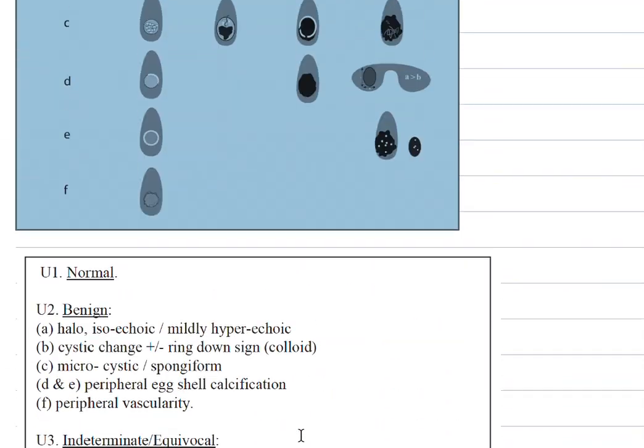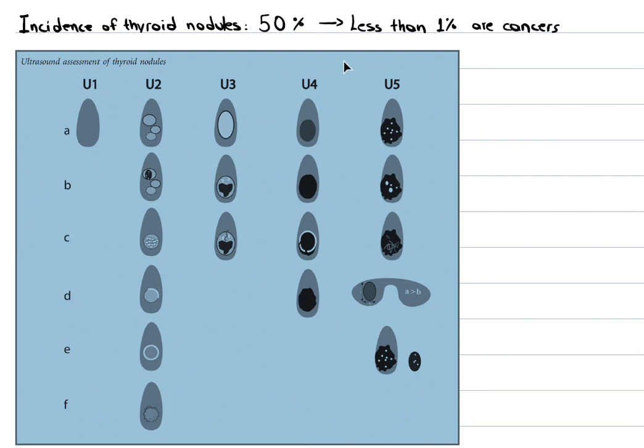Just to quickly revise this topic, thyroid nodules are very important for the exam, and also in our daily life we will encounter such problems in our clinics as well. The incidence of thyroid nodules is usually 50%. Out of that, 1% are cancer. So the incidence of cancer is very less in thyroid nodules.